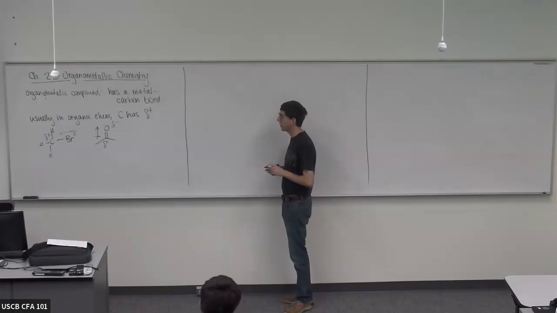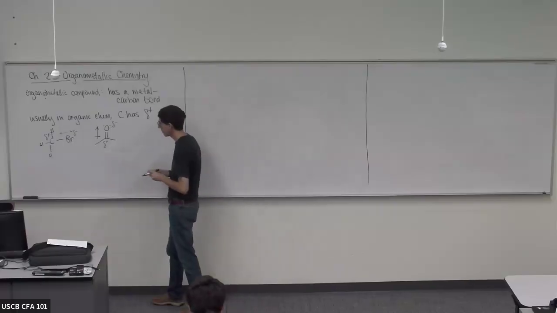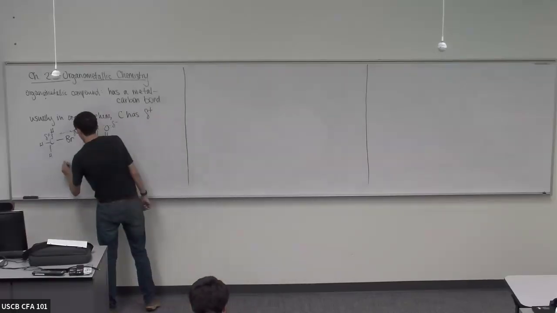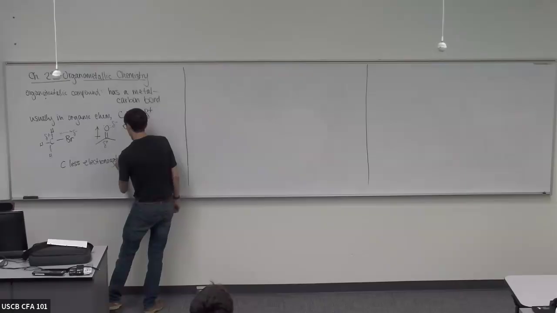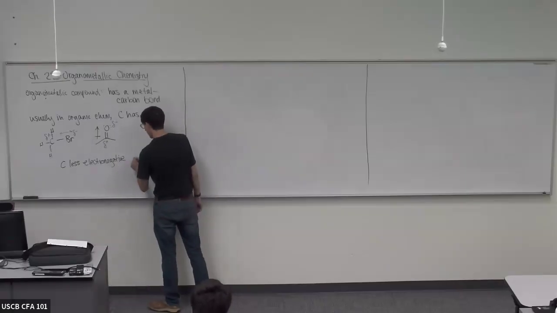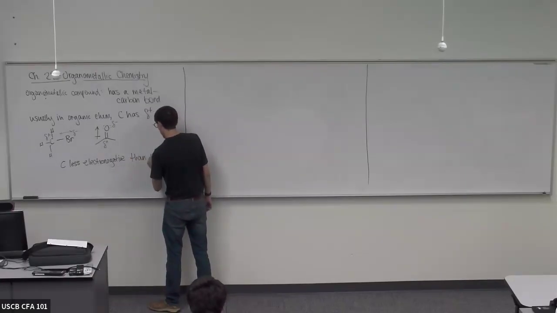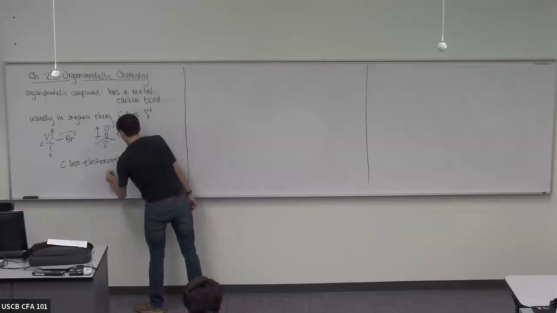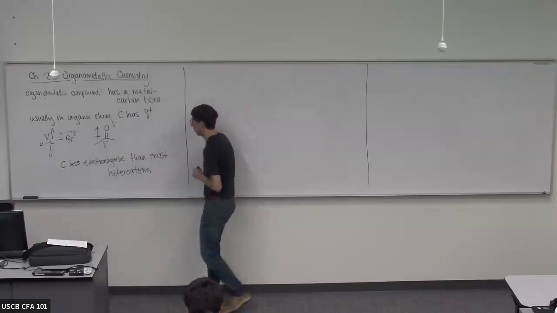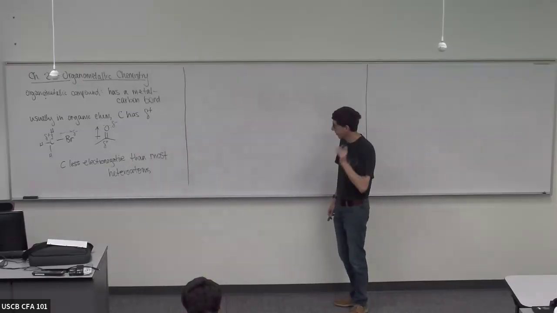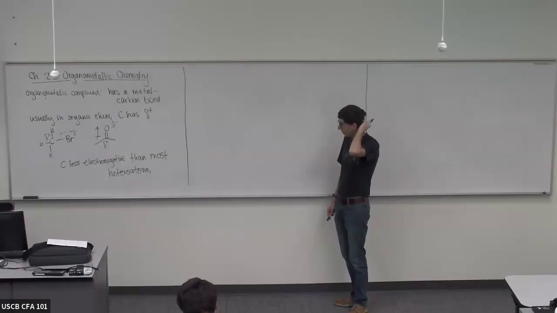And again, the carbon has a partial positive charge, because carbon is less electronegative than most of the heteroatoms that we see it bonded to in organic chemistry, like the bromine, oxygen, etc.